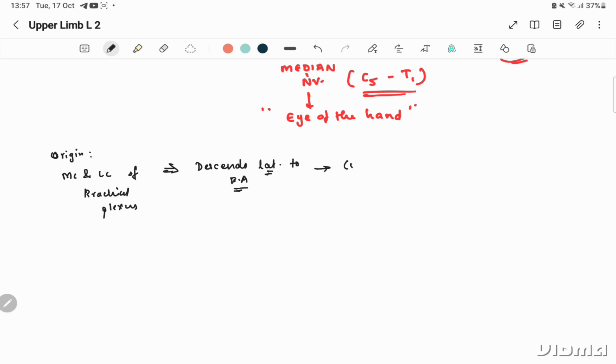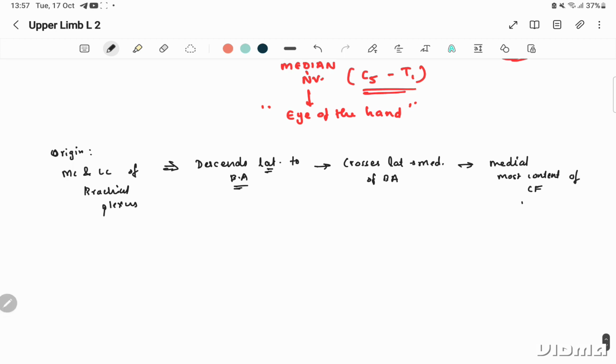Then it crosses from the lateral to the medial side of the brachial artery, okay. Then it becomes the medialmost content of the cubital fossa, okay. Please remember the medialmost content of the cubital fossa is the median nerve.